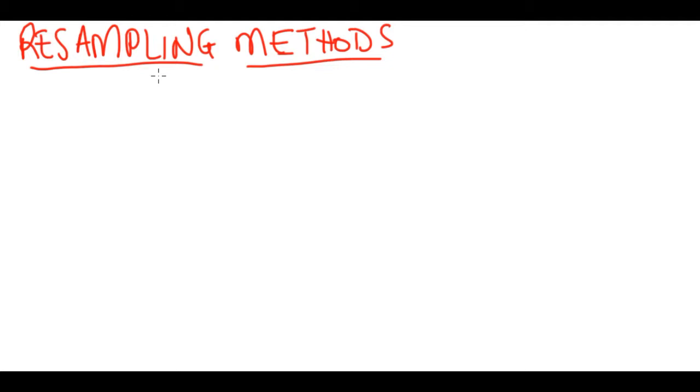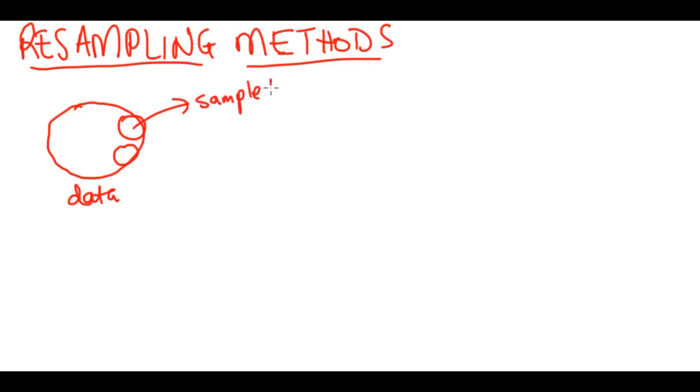So resampling methods involve, let's say we have a sample of our data here. Basically, resampling involves repeatedly drawing samples from this data set. Let's say sample number 1, sample number 2, and sample number 3.